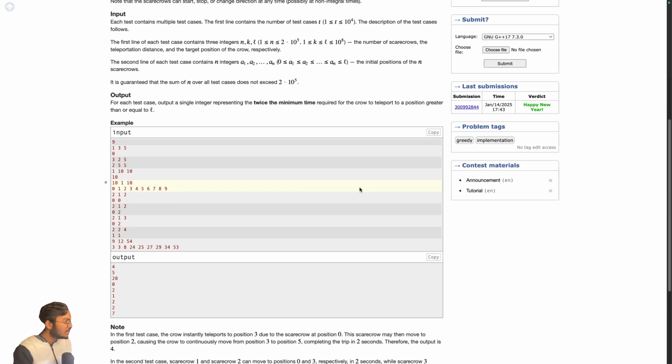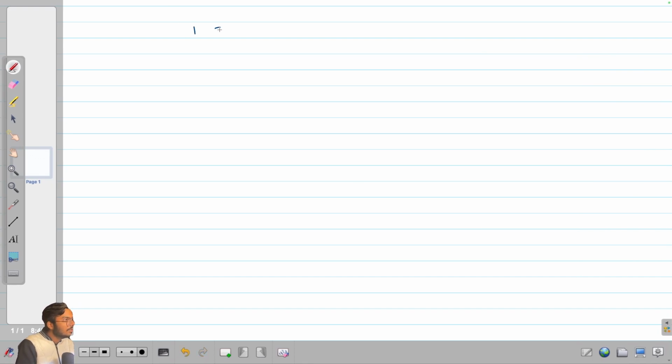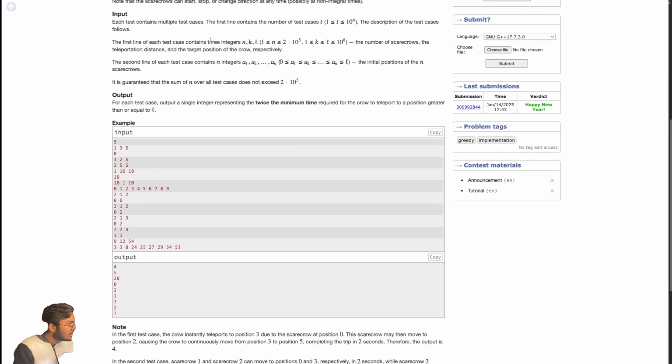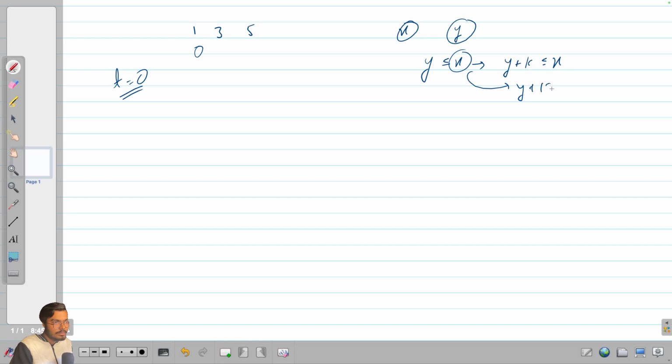So the first test case is 1, 3, and 5. So we have n = 1, k = 3, L = 5, and the crow's position is 0. There is only one scarecrow at position 0. So let's say at time t equals 0, since the crow is already at position 0, we had the condition that if the position of the crow was x and the position of the scarecrow was y, and y is less than or equal to x and y plus k is greater than x, then the crow will automatically move to the position y plus k, right?